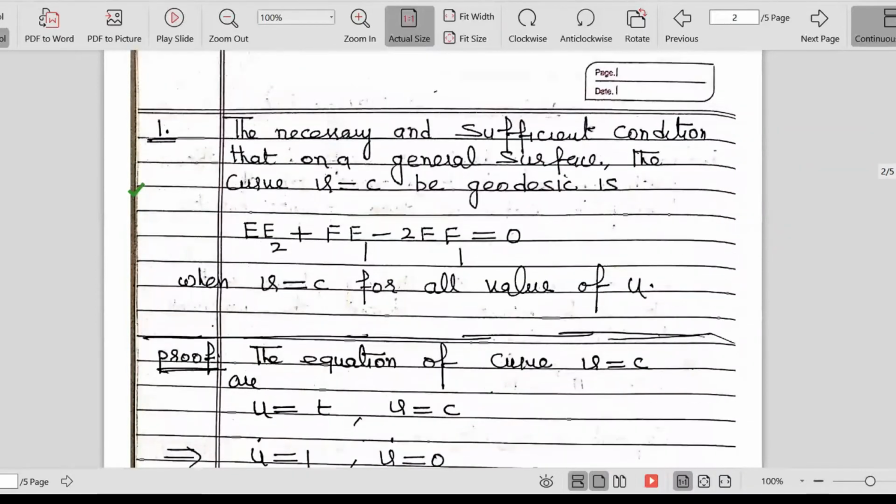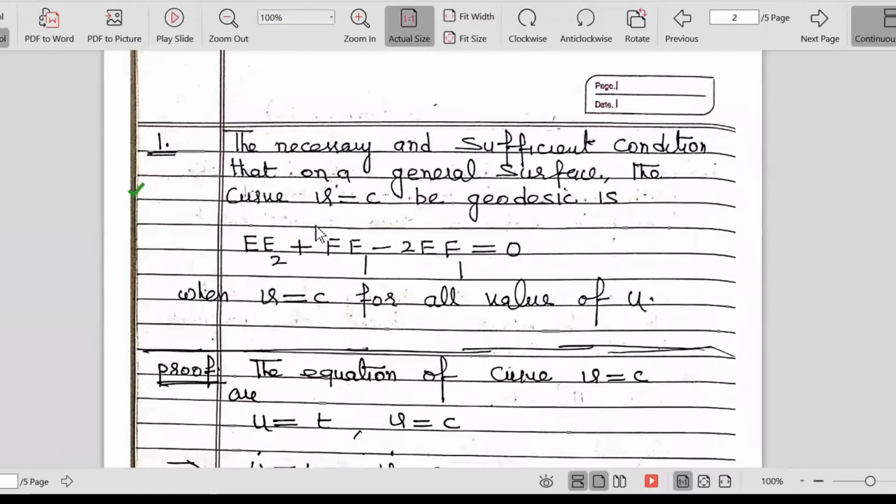So the first theorem is: the necessary and sufficient condition that on a surface the curve v equal to c be a geodesic is E E2 plus F E1 minus 2E F1 equals 0, when v equals c for all values of u. Now the given parametric curve is v equal to c.